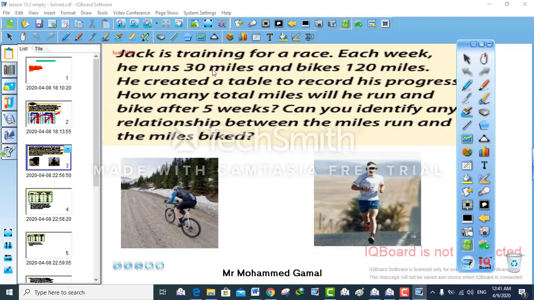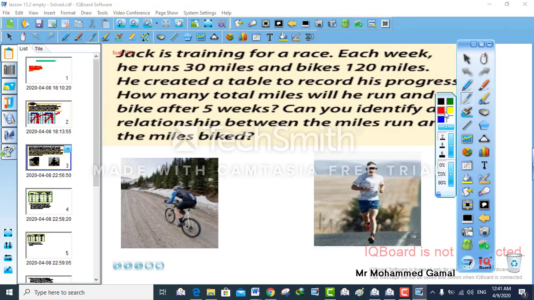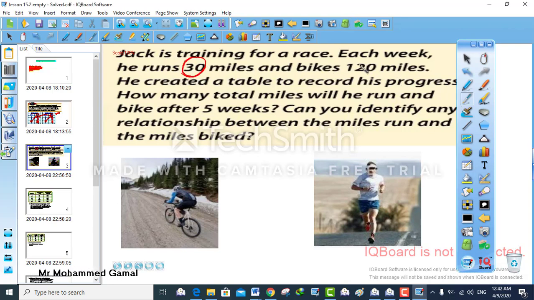For this question, we have Jack, who is doing two kinds of training, running and biking. For running, he finished 30 miles each week. For biking, 120 miles for 1 week.